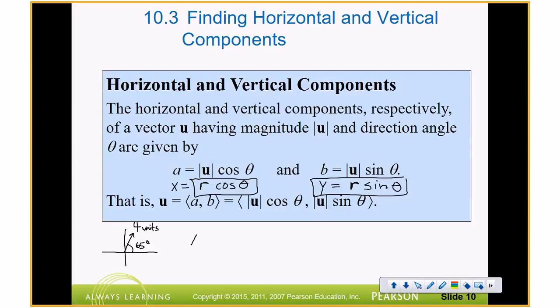Well, the x would be equal to 4 cosine of 65, and your y would be 4 sine of 65, and then you just plug each in.